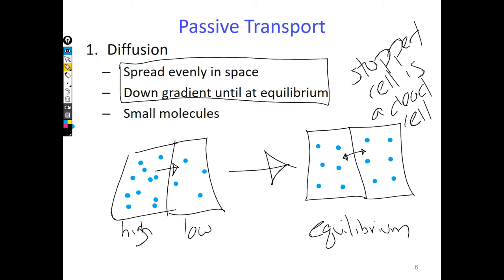Everything I've described up to this point is just general passive transport. So on Friday, what we're going to do is talk about what exactly makes diffusion different, as well as all of the other types of passive transport.